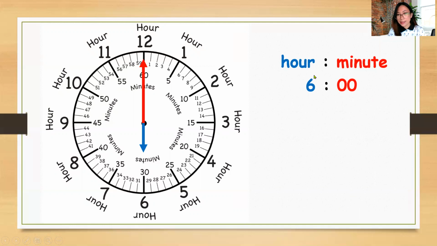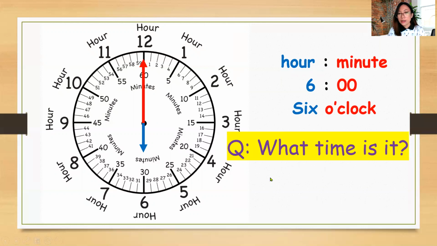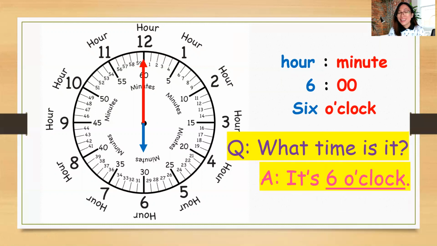So we write it as 6 for our hour and 0, 0 for our minute. 6 o'clock. Let's answer the question. What time is it? It's 6 o'clock. Very good.